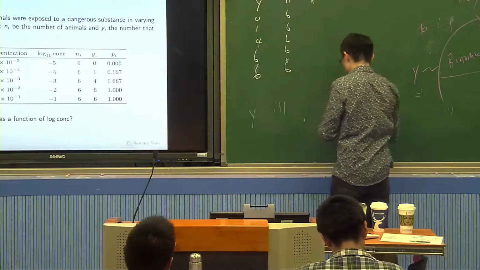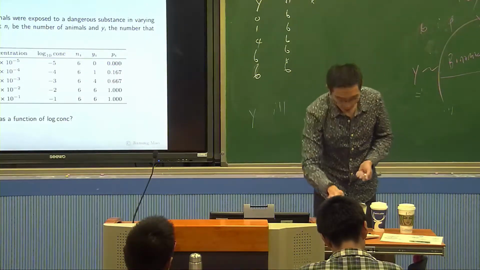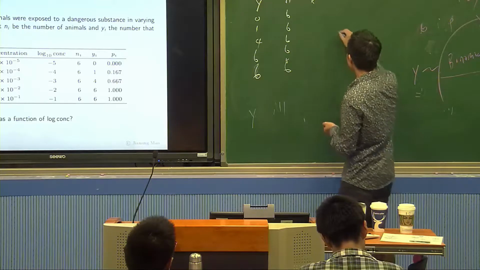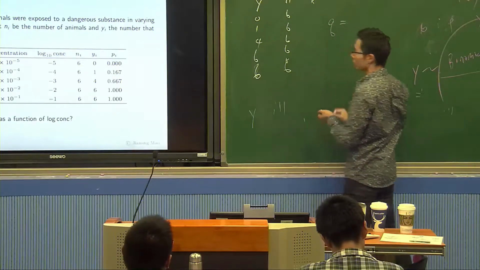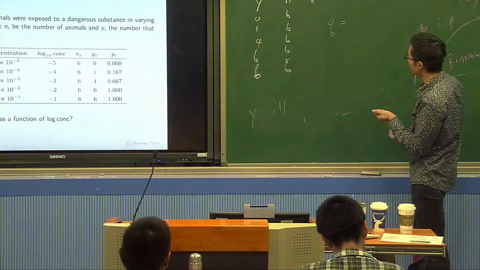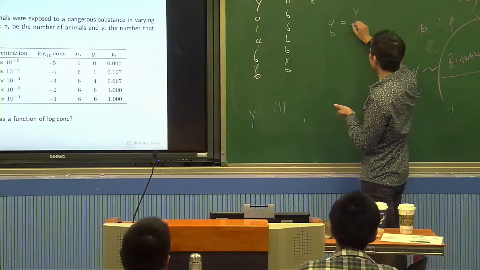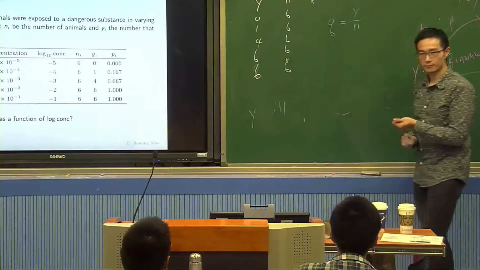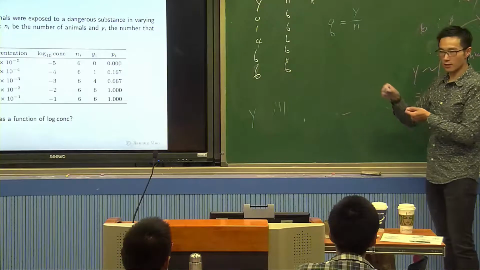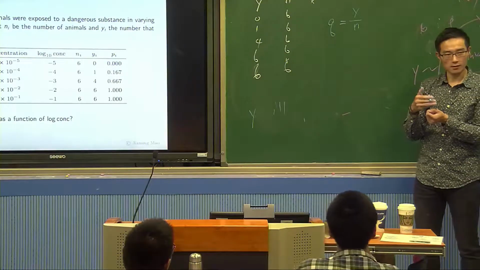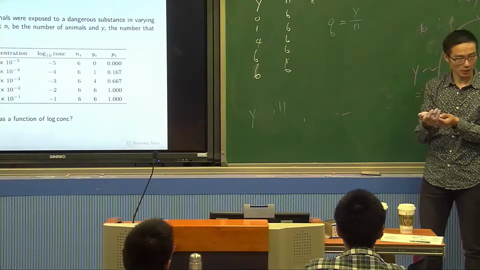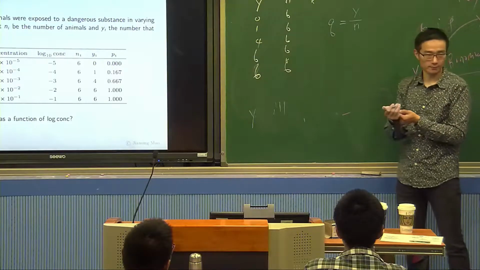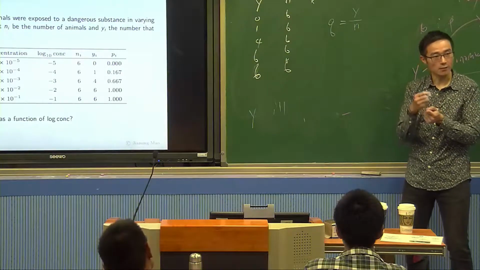Let me define q equal to y over n. Meaning q is the observed percentage of animals that die. It's not the underlying probability; it's the observed, right?